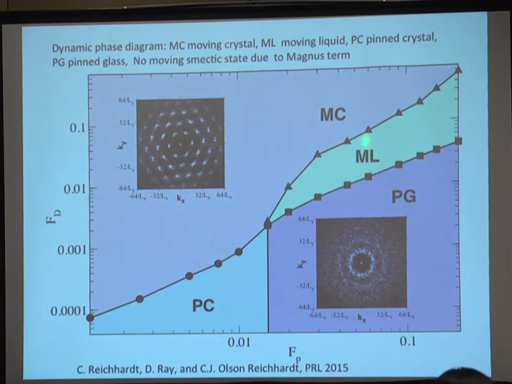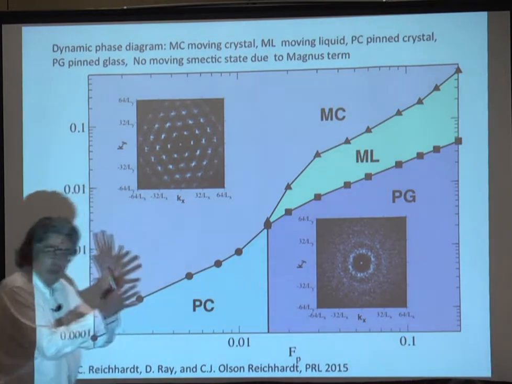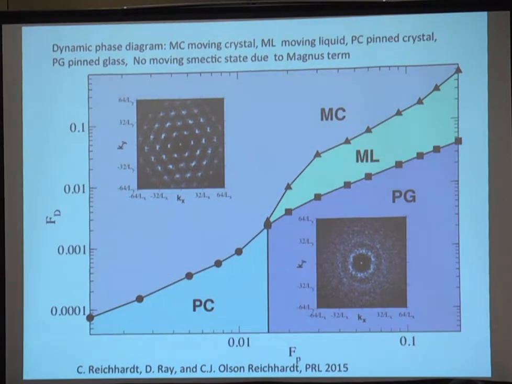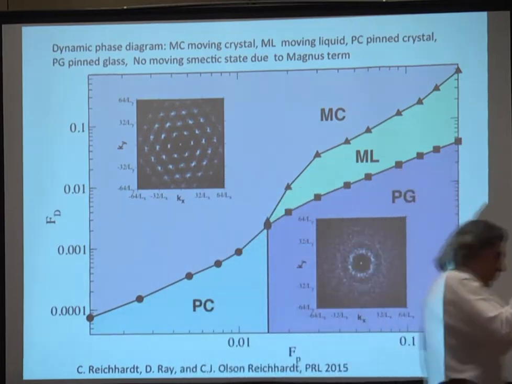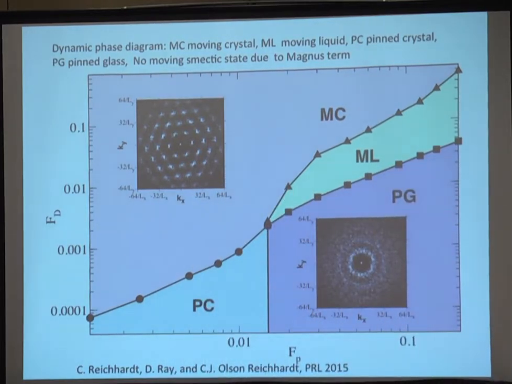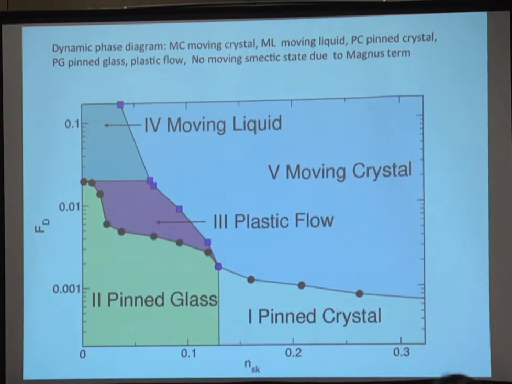But once the skyrmions are moving fast enough, they don't see the pinning as much, and you go back to this moving crystal phase. So this might be relevant for some samples where people don't see their skyrmions. You might think, well, maybe they're disordered or something. If you try applying a current, you may be able to see a moving crystal phase at the higher drive. And then you can shut your current off, and the skyrmion lattice will be there.